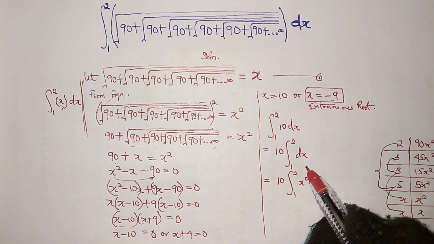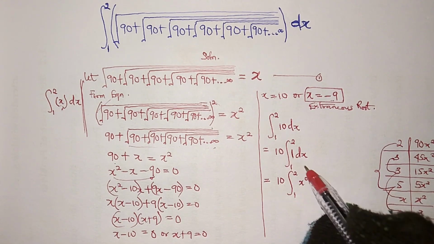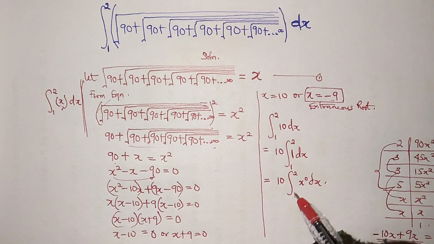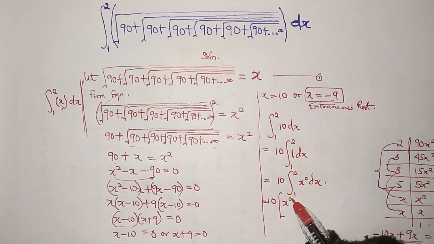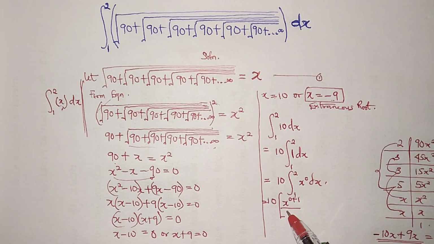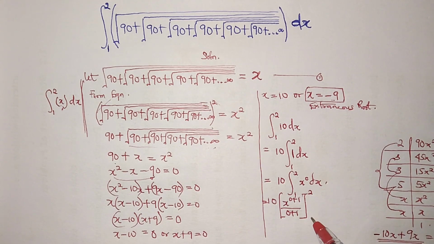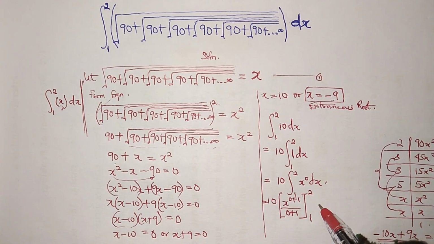We know that this is 1, and we've just applied the law of indices here. So we now have 10 times x raised to the power of 0 plus 1, divided by 0 plus 1, from 1 to 2.